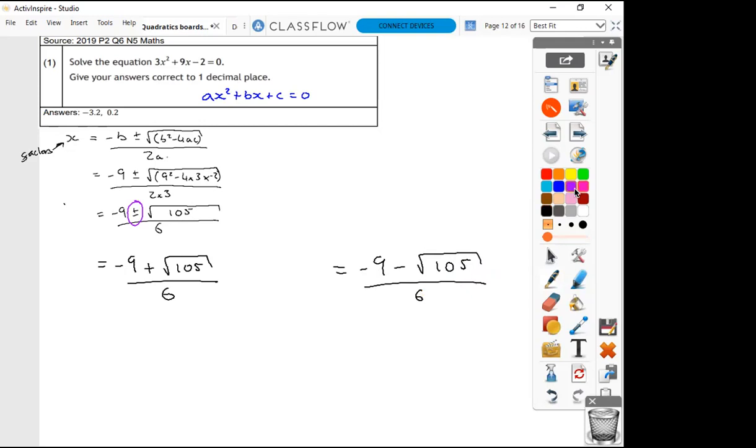So you're only given it in one format at the start, but this plus or minus at the start breaks it into two separate equations, one using the plus and one using the minus. Then it's a case of sticking that in your calculator and getting out what hopefully should be these two answers.